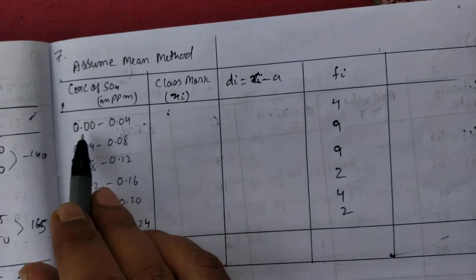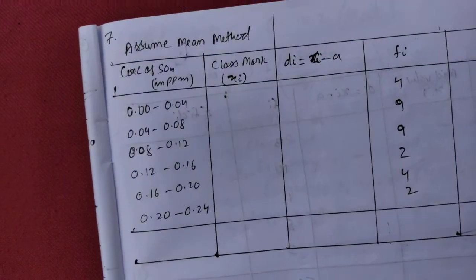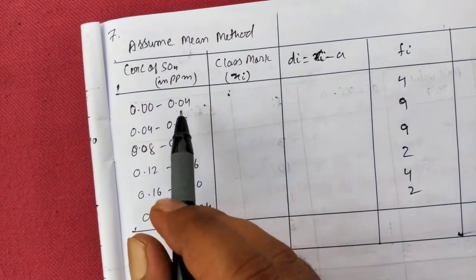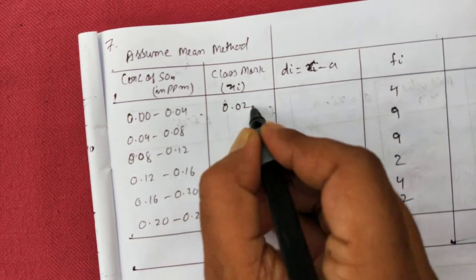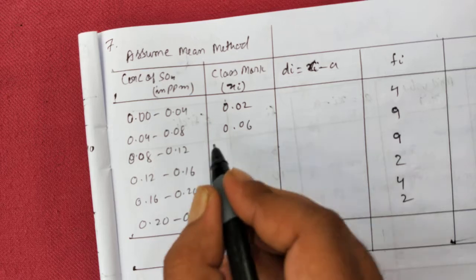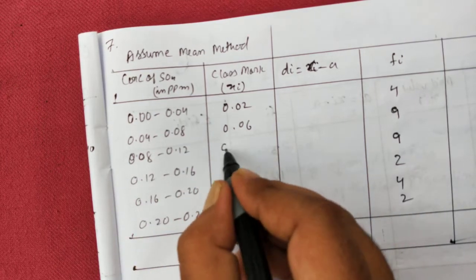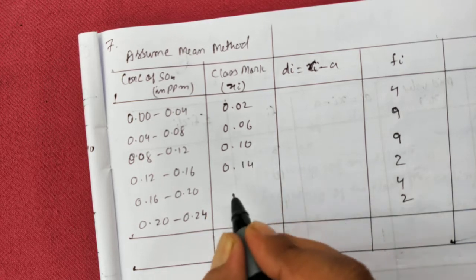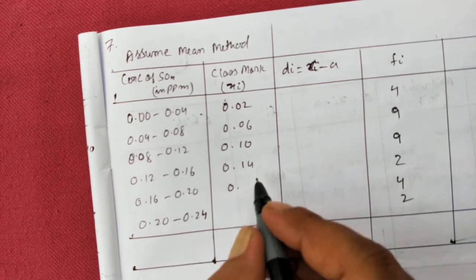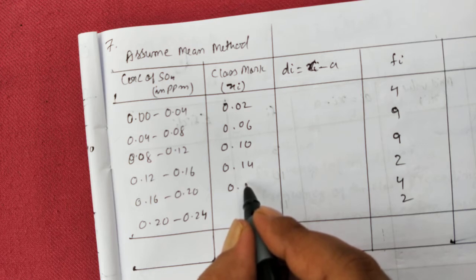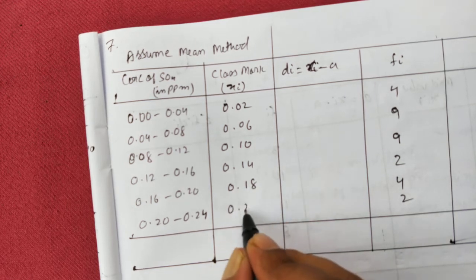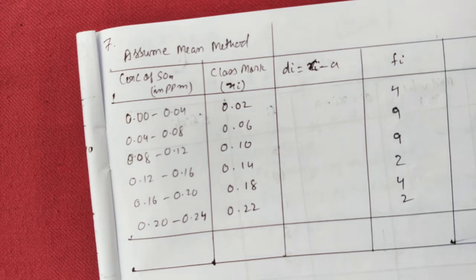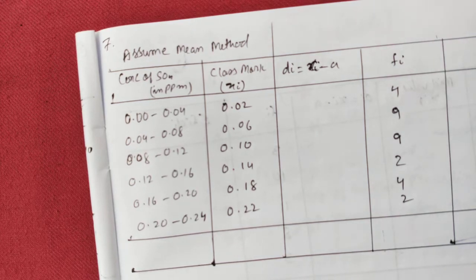So find the mid value between 0 and 4, which is 2, 0.06. Between 8 and 10 is 12, 10, 0.14, 0.18, 0.22. Now select one as the middle.